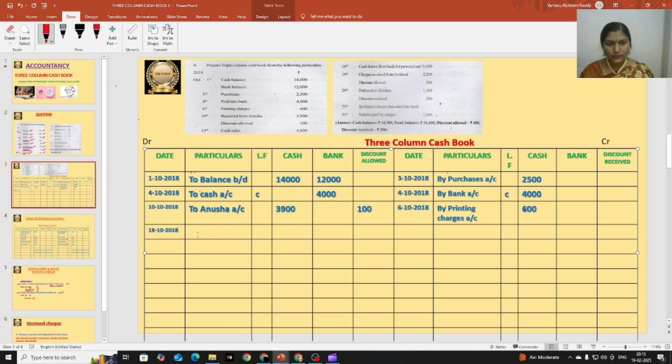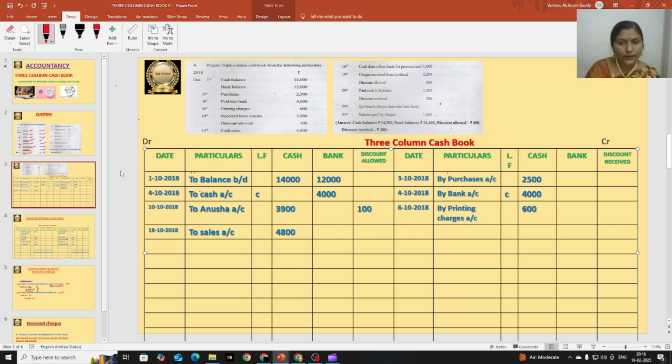Here in particulars column we will mention To Sales account. And where will we put the amount? In cash column, because it is cash sale. So this is complete posting of that particular transaction. Let us go to next one now.